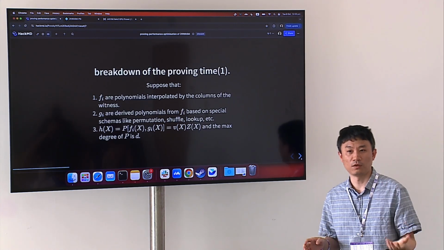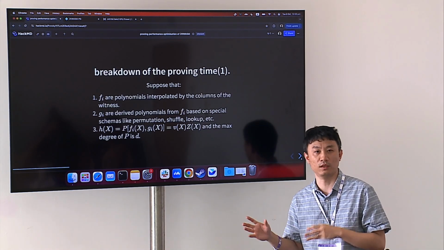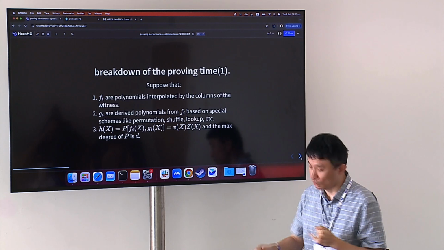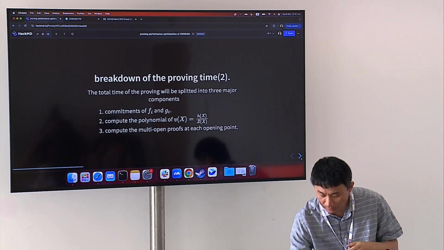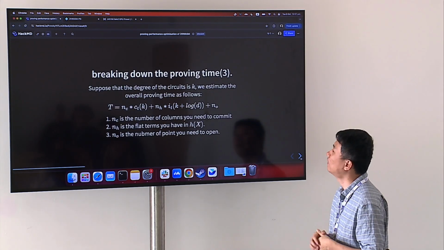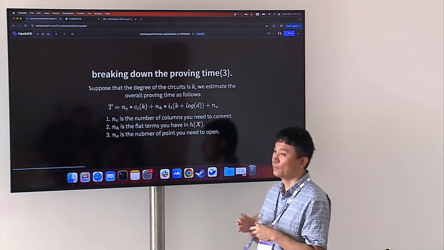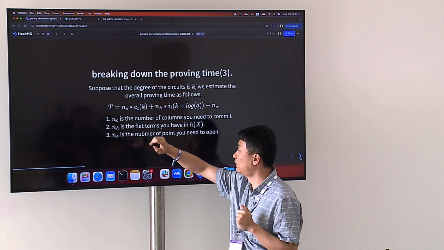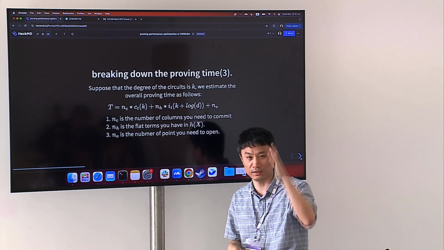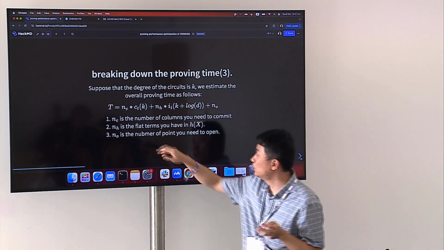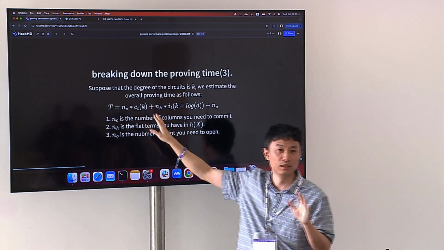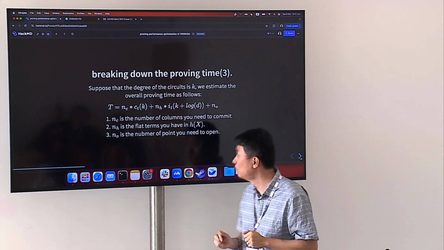the number of columns that we have to commit and the degree of the polynomial. There's something else, but basically we split them like that. I suppose that everyone knows this, and that we can have a formula for the final benchmark. Somehow the number of commitments that we have for each column. Every time you increase an intermediate derivable witness, you add 1 to the number of columns, because the commitment term for each column is somehow very stable.